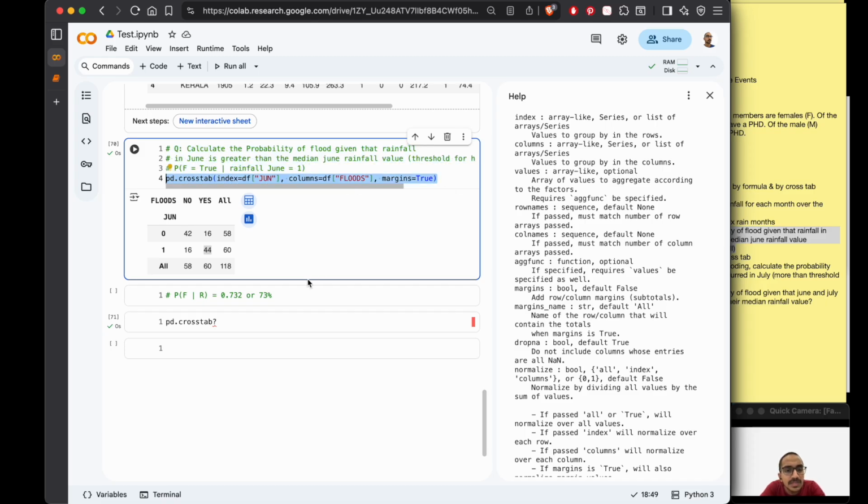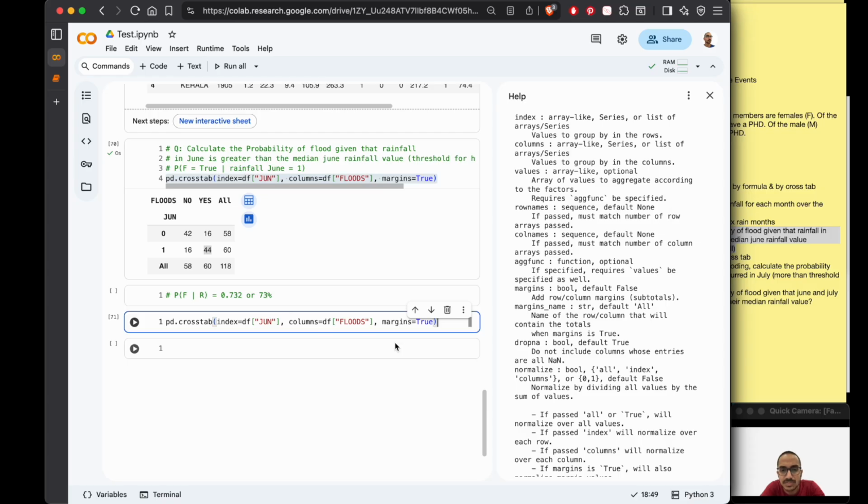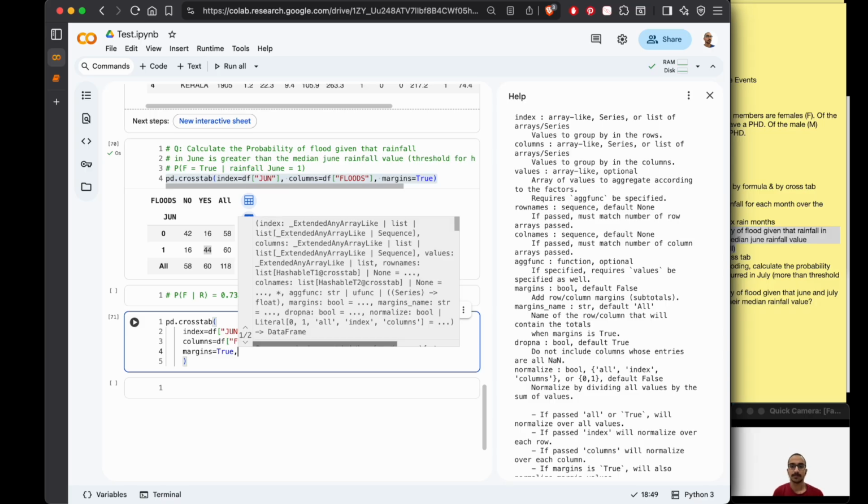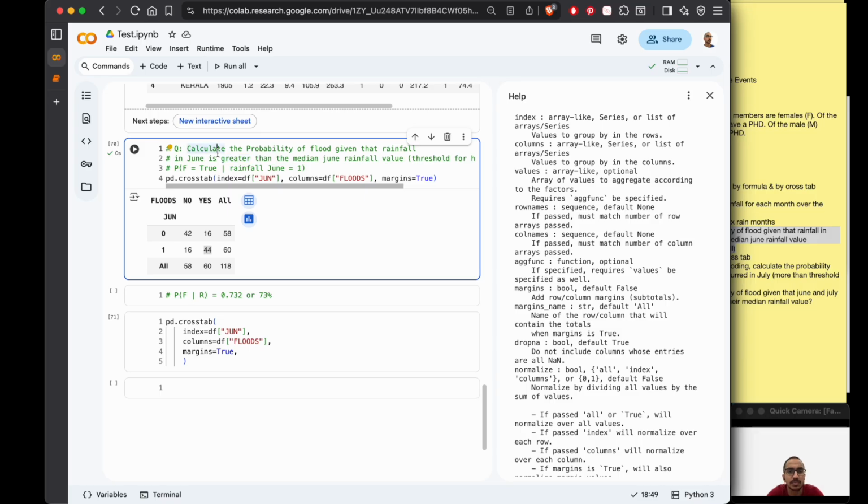And also, how do we decide which column to pass into the normalize parameter? That's based on the evidence. So here in this case, we calculate the probability of flood given the rainfall in June is greater than the median, right?